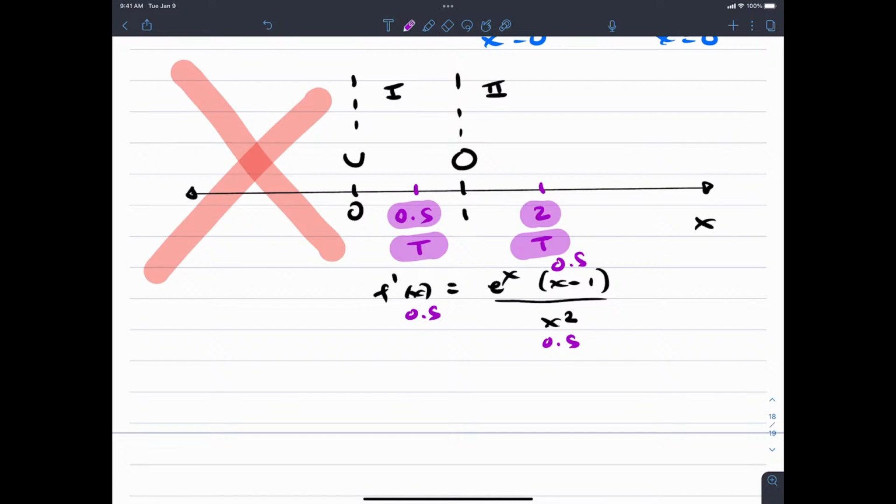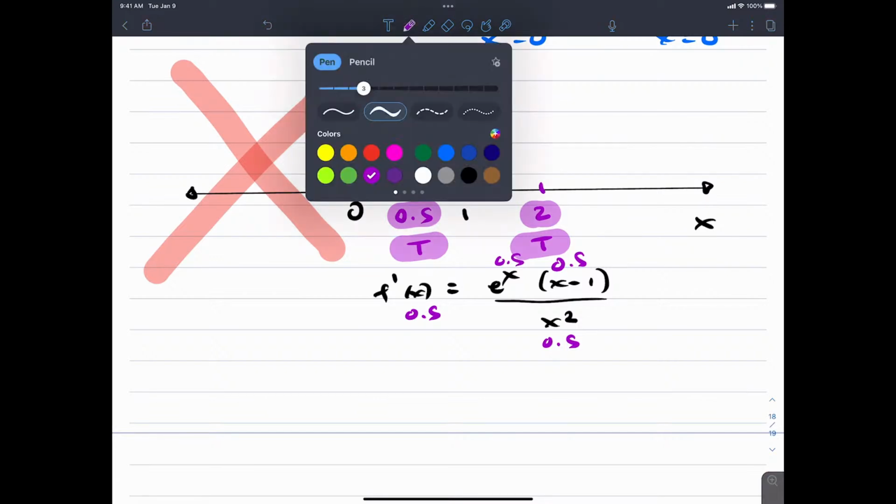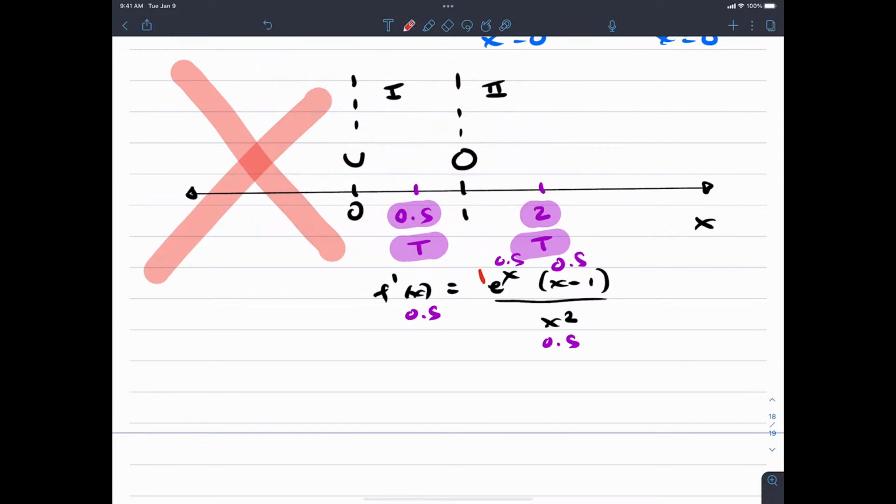Now, what is e to the 0.5? Do you guys know e to the 1/2? I don't know the value, but I know it's positive. And what's 1/2 minus 1? Isn't that negative? What's 1/2 squared? Isn't that positive? So this portion's positive, this portion's negative, this portion's positive.